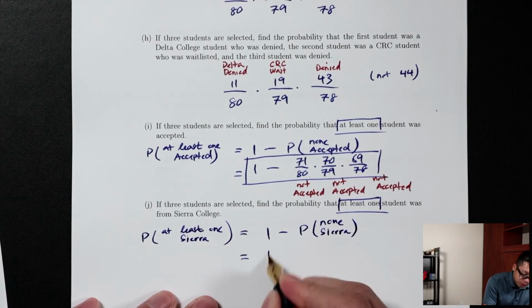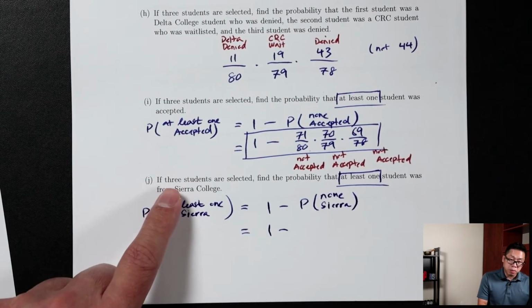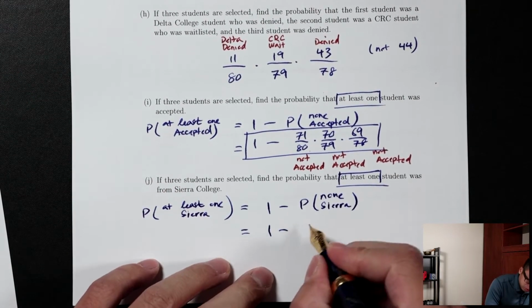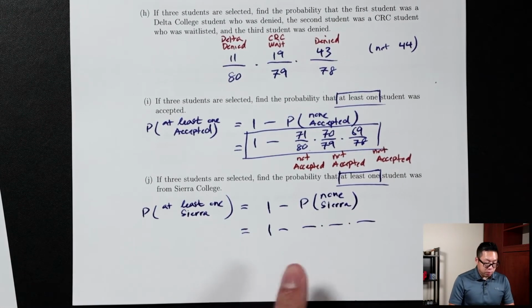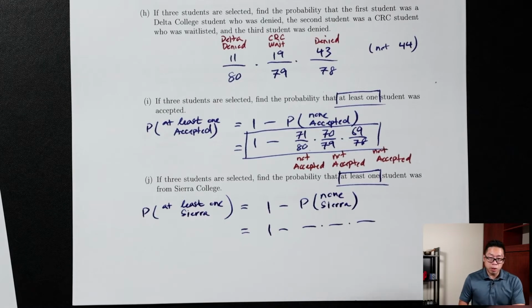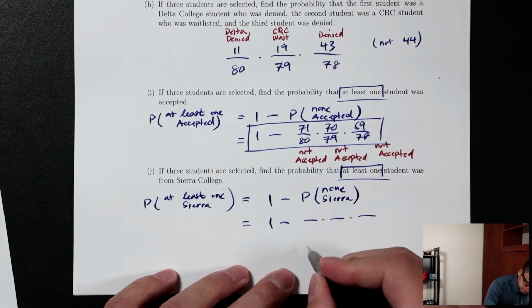How many fractions do I need? I'm talking about 3 students, so I'll need 3 fractions. So 3 students, none Sierra means I want not Sierra, not Sierra, not Sierra for all 3 fractions.